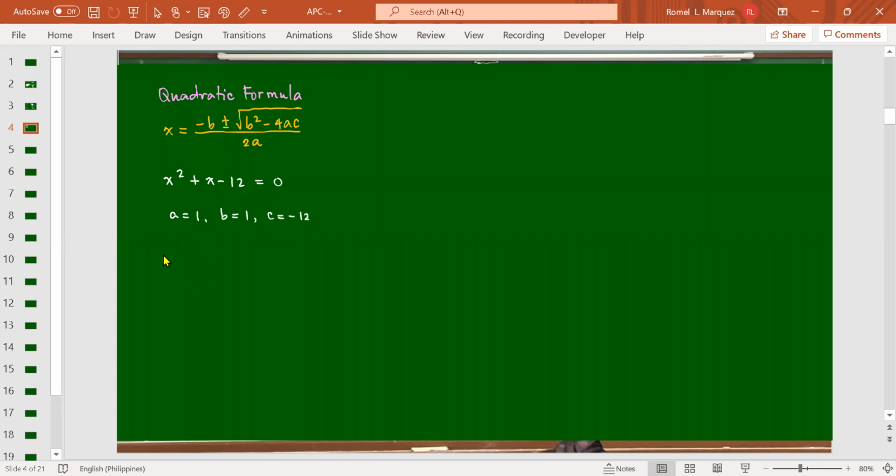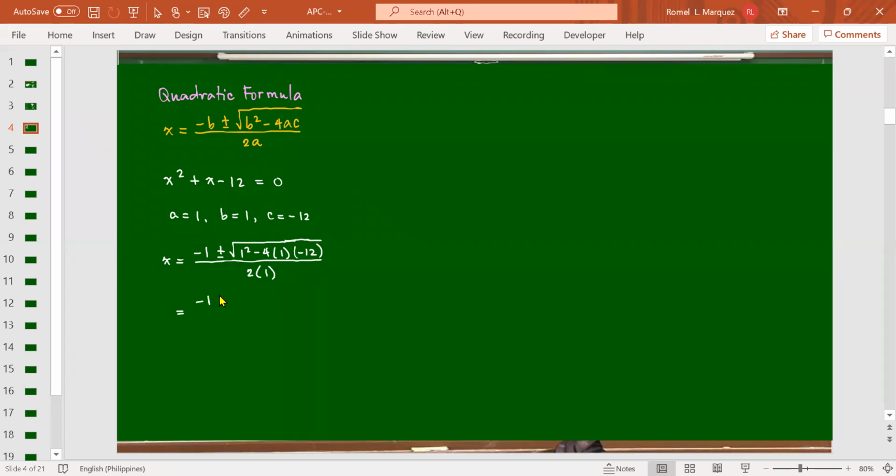Plug in to the formula we have x is negative b, so negative 1 plus or minus square root of b squared. What is b squared? So 1 squared minus 4a, 4 times 1, so times negative 12. All over 2 times a, meaning 2 times 1.